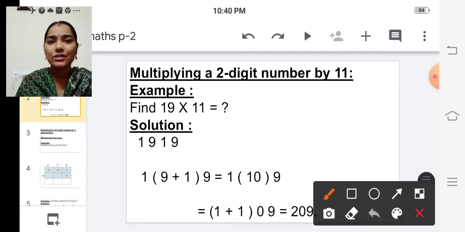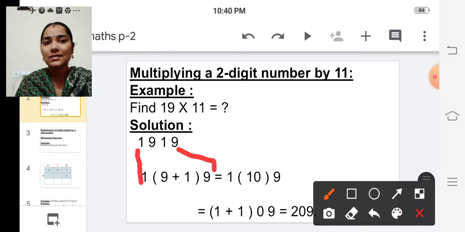Have you all understood, children? First thing, you have to write the number 2 times. How many times? 2 times. That is 19. Is it clear? Then you have to write the first digit as it is in the first place and the last digit as it is in the last place.